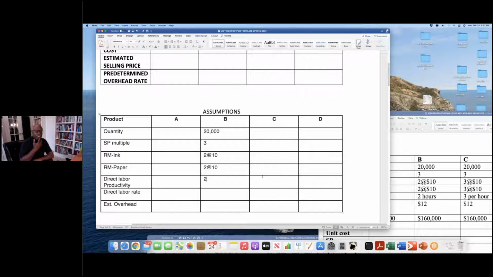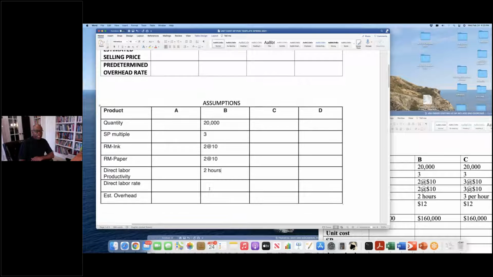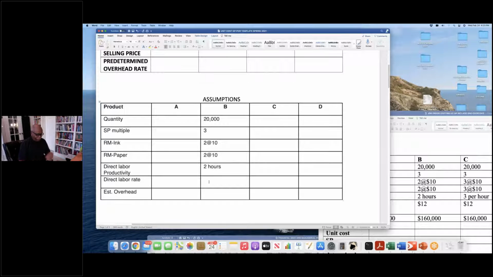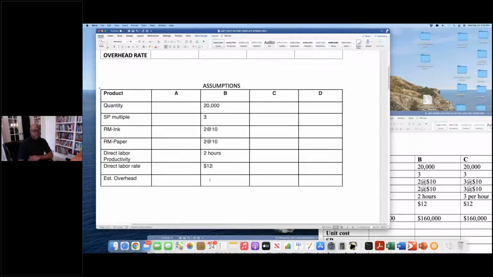So it takes you 2 hours to make it, and you multiply. All of this is given.